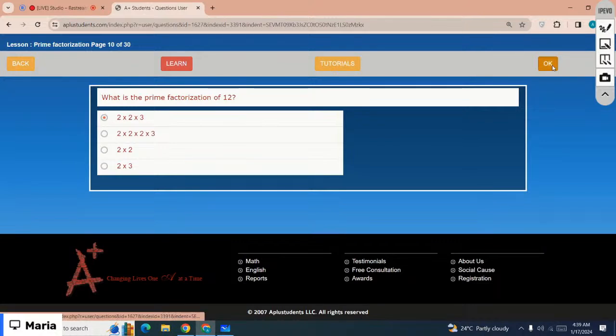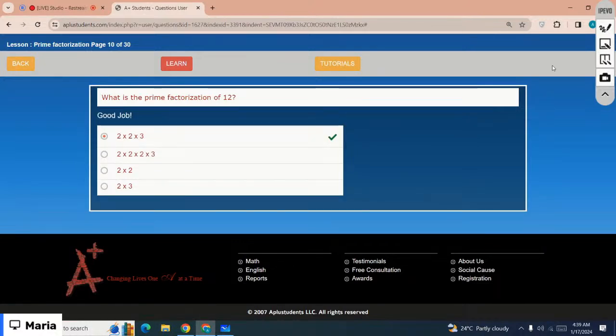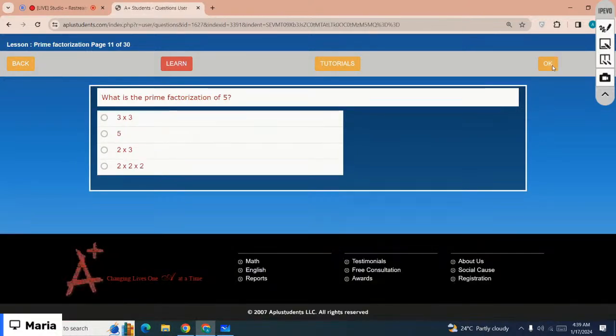Option number 1 is the correct option. What is the prime factorization of 5? That is just a 5, right?